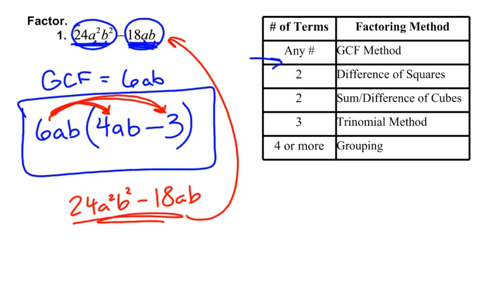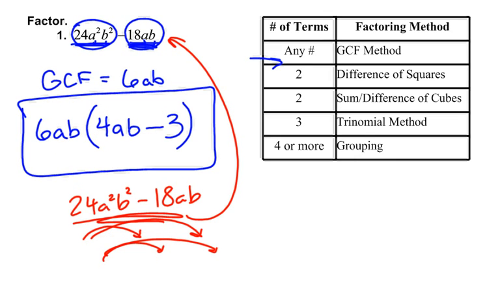It's the same thing. So what we're really doing when we factor polynomials is we are unmultiplying them out, okay? We're finding the parts that were multiplied together to get that polynomial. It's very important information for us to know in a lot of cases. So that said, our final answer again is 6ab times 4ab minus 3.